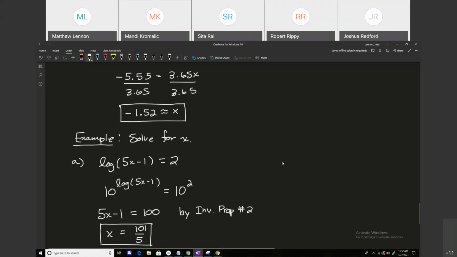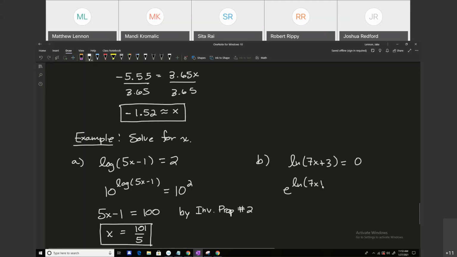All right, and then for part B, let's say we have the natural log of 7x plus 3 equals 0. Now we're going to do the same thing here, but now the base should not be 10. We need to exponentiate both sides with base e, because that is what cancels with the natural log.